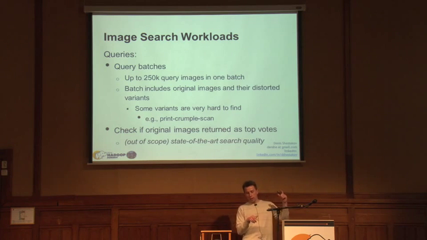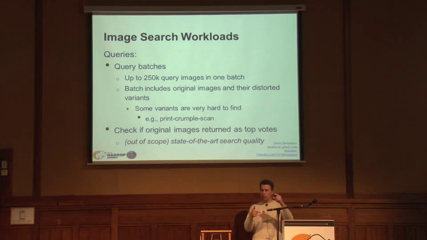For example, we added one particular image to our big collection, and for this image we generated lots of variations. Some of these variations or distortions were really hard. For instance, we print the image, crumple it, and then scan it back, right?